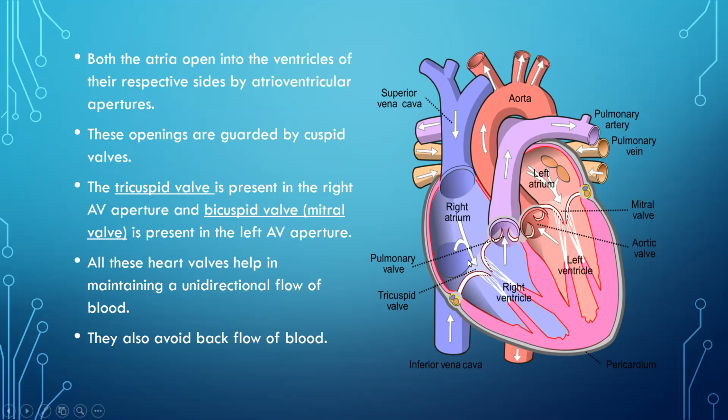Unidirectional means single direction. Uni means single. So it always allows the blood to come from the left atrium to the left ventricle only. It will never allow back flow of blood.